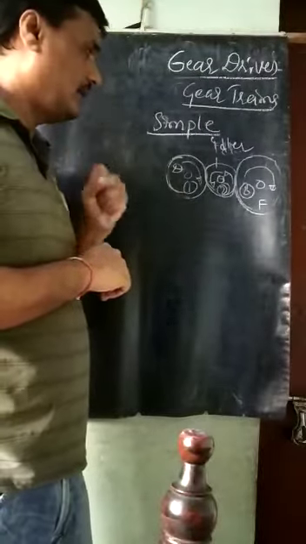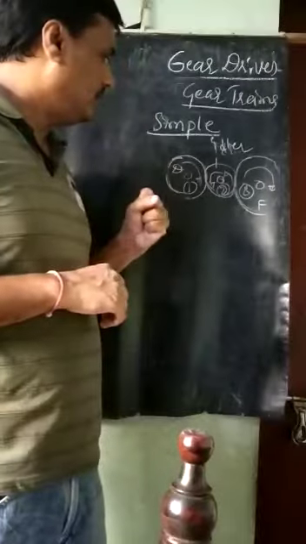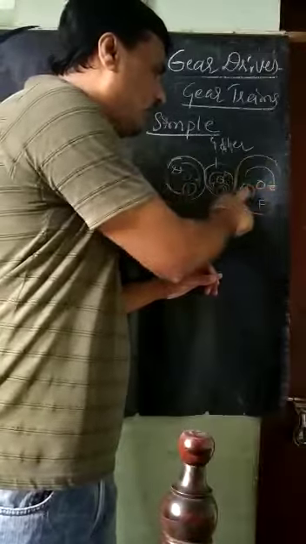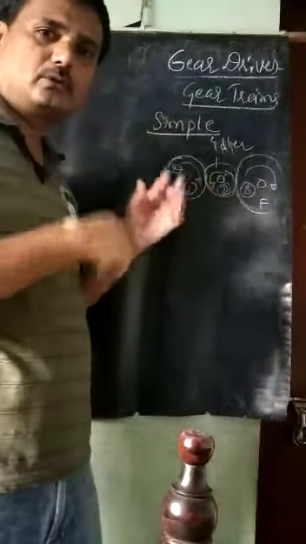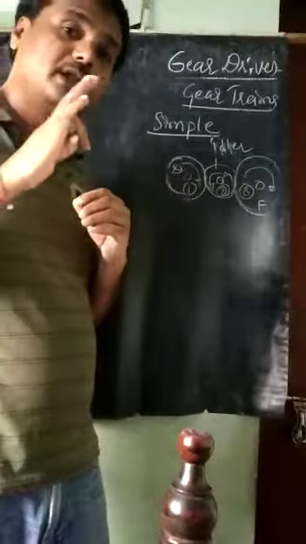In these cases, what can we analyze here? The driver is moving in clockwise and the follower is also moving in clockwise. Both the first driver and the last follower are moving in the same direction.